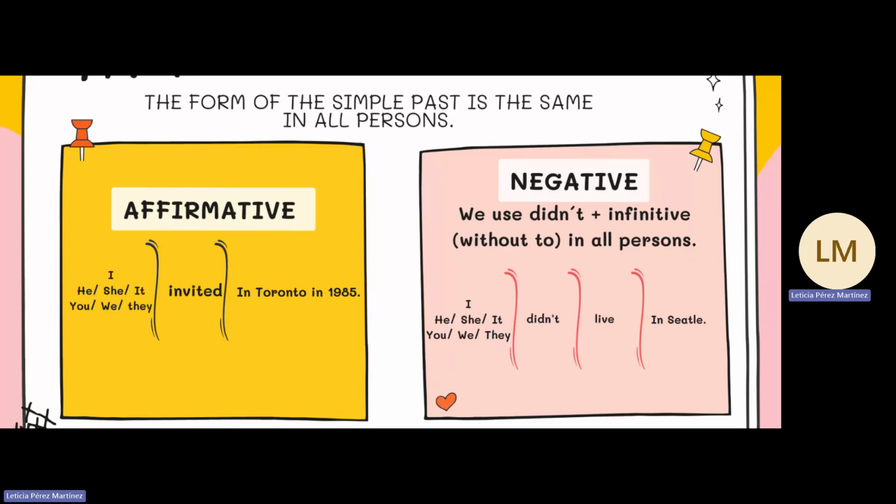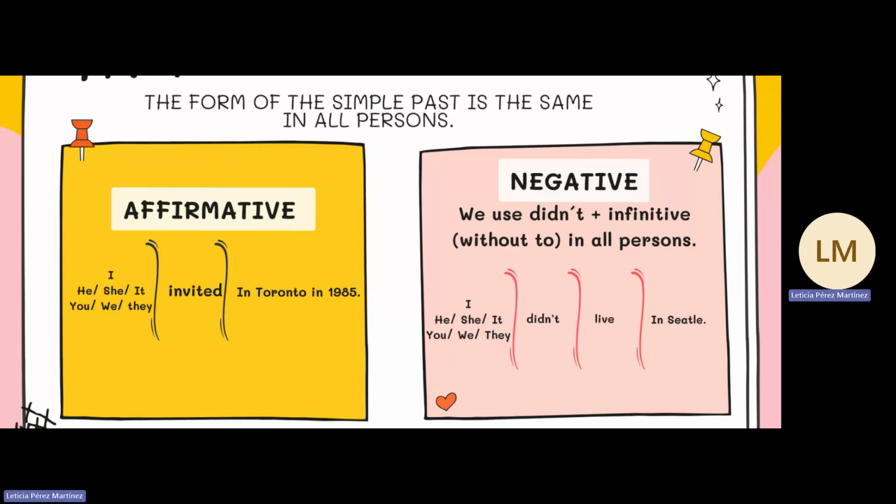In a negative way, we're going to use an auxiliary. The auxiliary is did not. But in this case, we're going to use most of the time the contraction, that is didn't. And we use the auxiliary didn't plus the simple form of the verb, that is the infinitive without the particle to, in all persons.